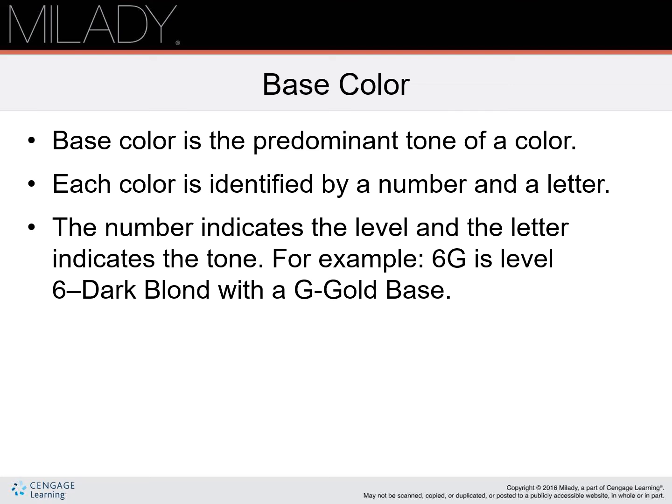But here's an example: you have 6G, so that is a level 6 with a gold base. I want you to remember that the first number is always going to be the level, and the second number or the second letter is going to be the tone of that color.